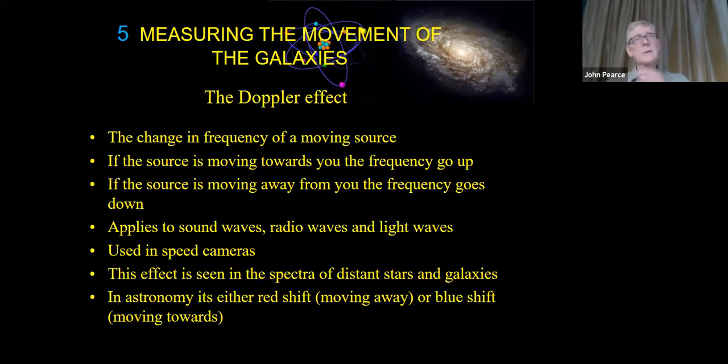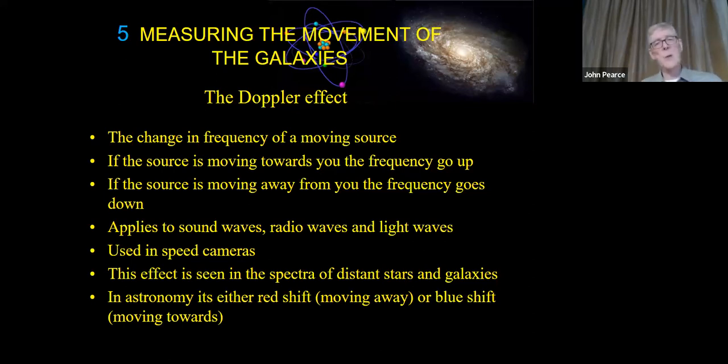Now, we also need to look at the Doppler effect, because the Doppler effect is the change of frequency of a moving source. You hopefully have seen examples of this with railway carriages going down railway lines with trumpeters blowing trumpet notes, and they change as the train goes past you. So if the source is moving towards you, the frequency is higher, and as it goes away from you, the frequency goes down.